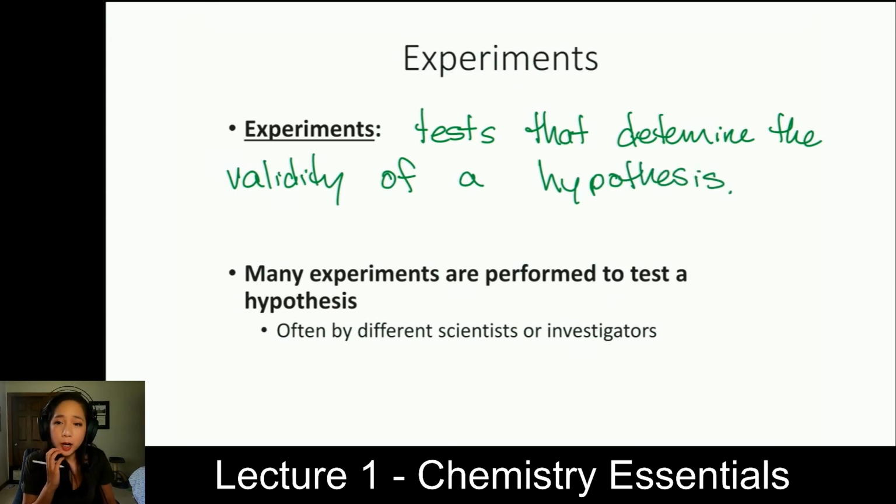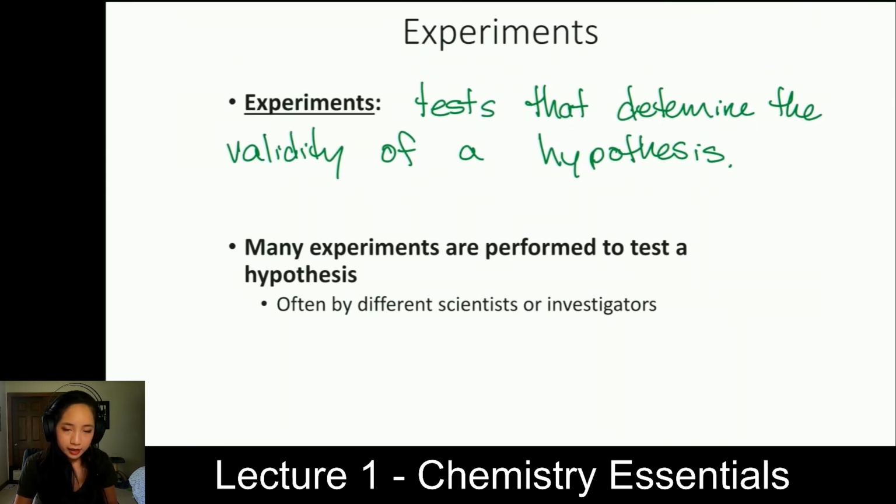Usually many experiments. You can do many experiments to test a hypothesis, oftentimes by different scientists or investigators. So maybe, if you're with a friend and Facebook isn't working, you'll ask your friend, hey, can you see if this web page is loading for you? Those are just normal problem solving things that we use in our everyday life. And scientists do the exact same thing. So that is an experiment.